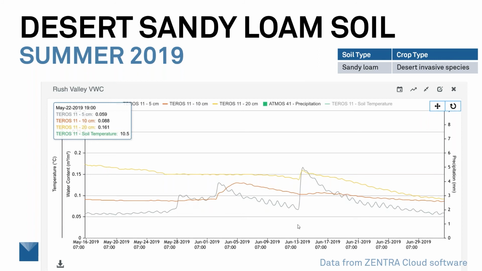These are all precipitation events that have happened there, presumably, and we see an interesting pattern where this 5 centimeter sensor begins to increase in its water content at 3 places, but we only see a resulting increase in water content in the lower regions on the second event here at 10 centimeters and only on the third event here at 20 centimeters. So why does that happen?